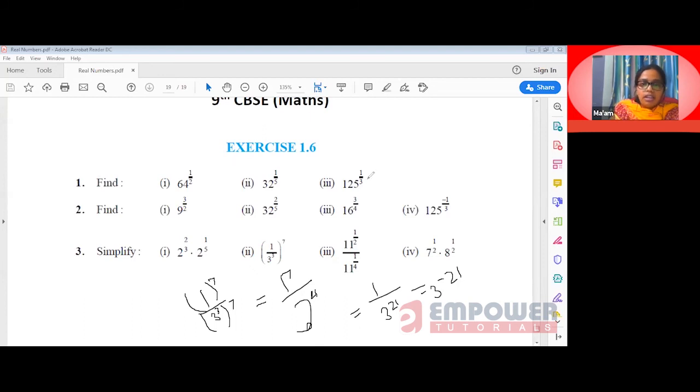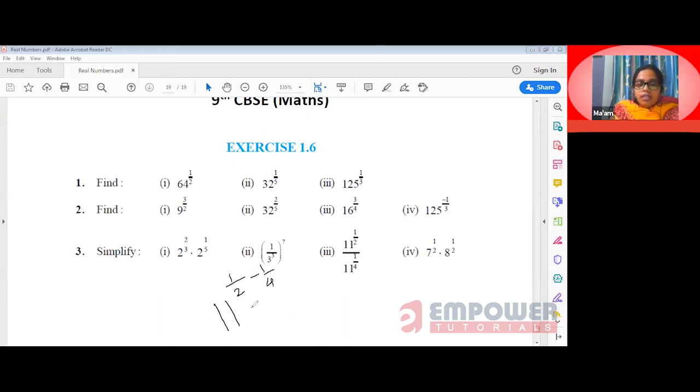Okay, now next one. So this is half minus 1 upon 4. You don't have the same base, so make it same. This will be equal to 2 minus 1, right? So this will be equal to 1 upon 4, right?